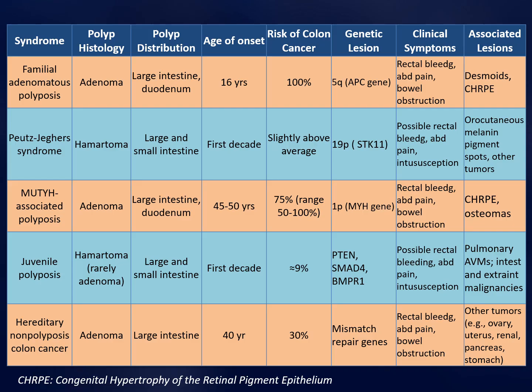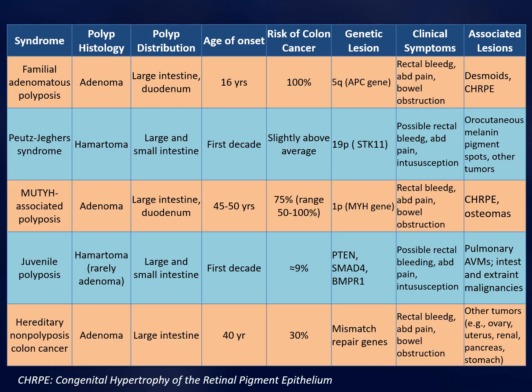And if present, the risk of colon cancer is 100%, so they should have a colectomy. And if any colonic adenoma is found, or at age 25, whichever comes first, they should also have an upper GI endoscopy to look for any lesions in the duodenum.